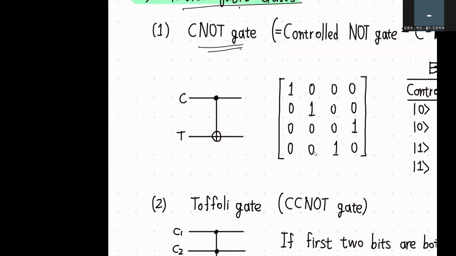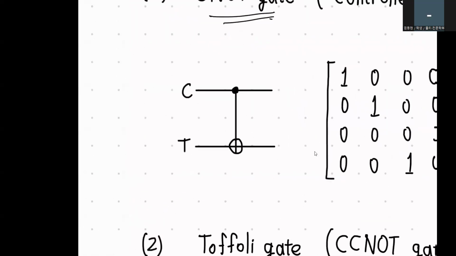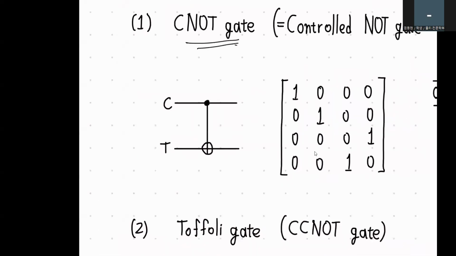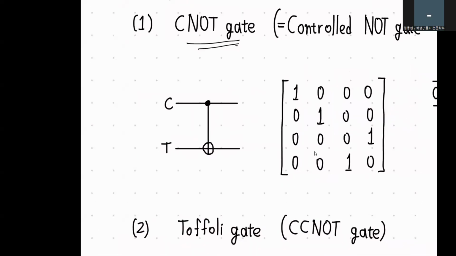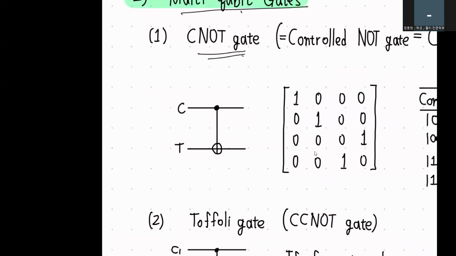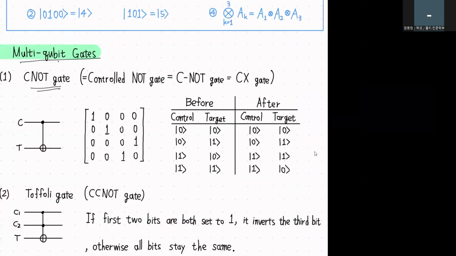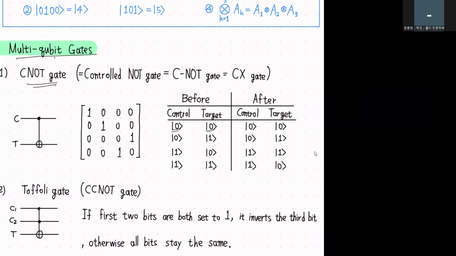The target qubit is what we perform an operation on, and the control qubit controls whether or not we actually perform the operation. So for the CNOT gate, we apply a NOT gate on the target qubit only if the control qubit is in the state 1. So if we have a control of 0 and a target of 0, afterwards we have a control of 0 and a target of 0.